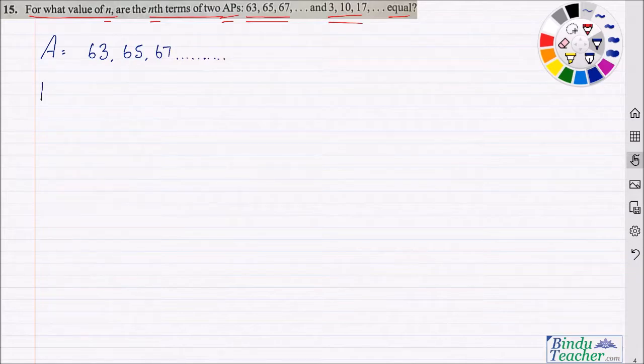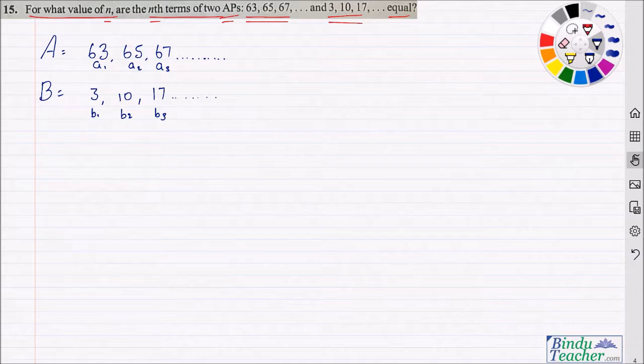We have the next arithmetic progression B, represented by 3, 10, 17 and so on. Now these can also be represented as A of 1, A of 2, A of 3. These can be represented as B1, B2, B3.